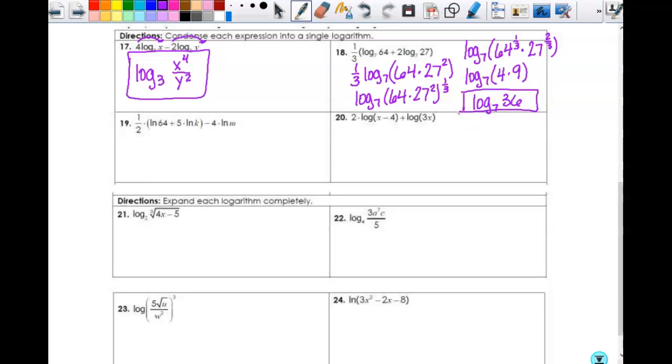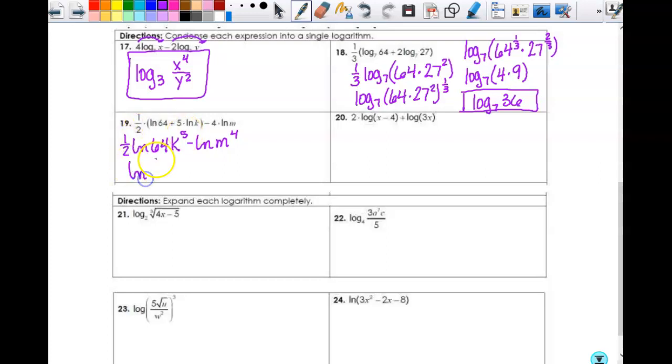All right, so I'm going to take care of what's inside the parentheses first. This is going to give me 1/2 times the natural log of 64k to the 5th minus, and I'll go ahead and bring the 4 up there, natural log of m to the 4th. So now I have two logs with the same base, and I'm subtracting, which will become division, and this 1/2 is going to become an exponent up here.